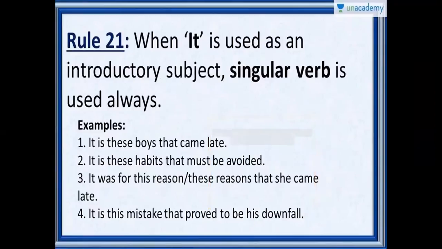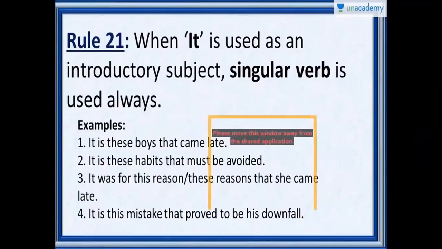Okay. Whenever your sentence begins with it, many of the sentences always begin with it. If it is the beginning subject, always your verb is singular. If it is there in the beginning of your sentence, the verb will always be singular. Examples, it is these boys that came late.